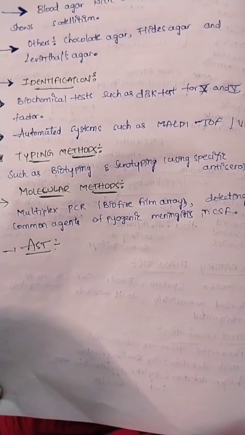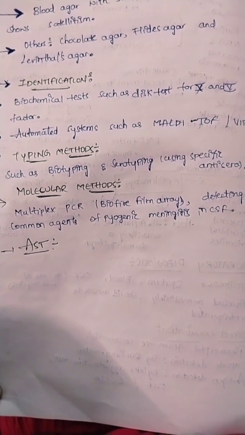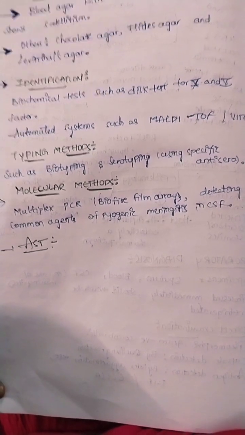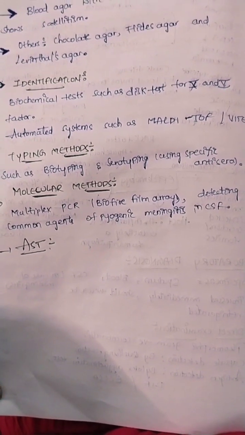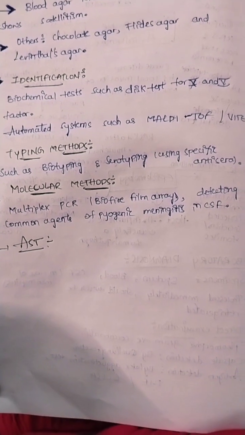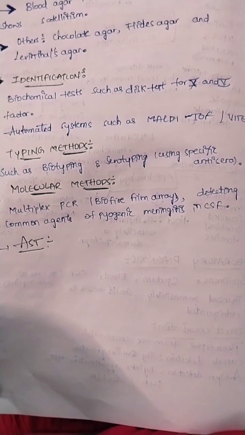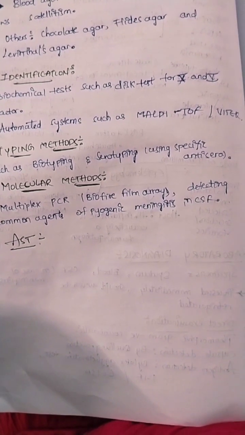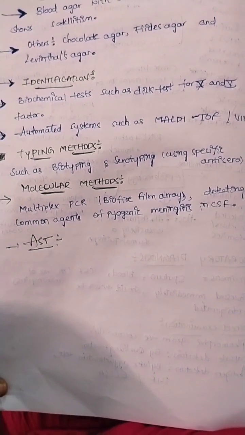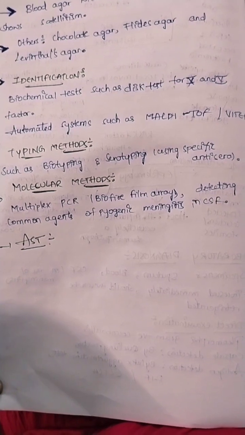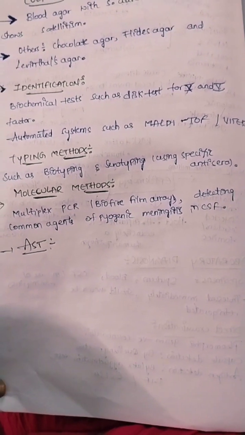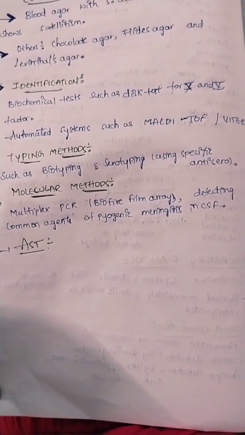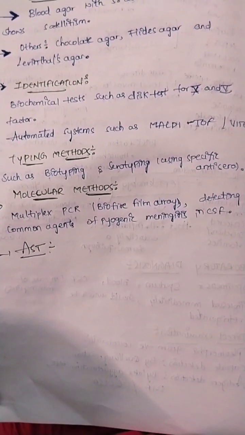And Haemophilus aphrophilus needs the 5th factor, they won't need the 10th, so they will form a colony around the 5th factor disc. Okay. Whereas Hemophilus influenzae needs both 10th and 5th, so it will grow surrounding both the 10th and 5th factors.